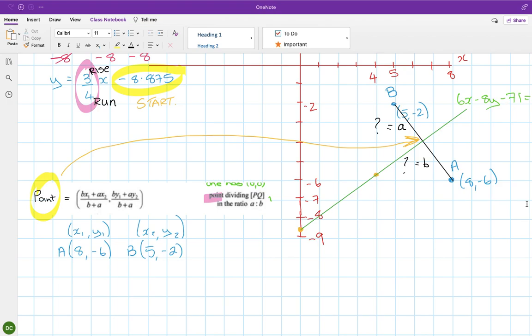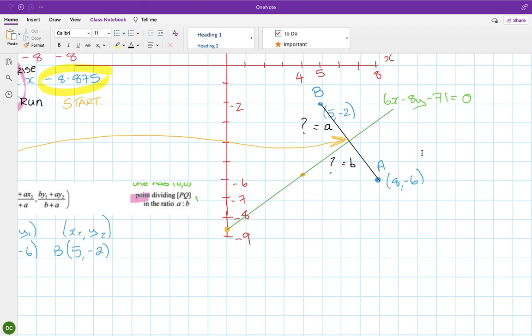So we don't have A, we don't have B, and we don't have that point. Now, I think I actually know how to get that point anyway. That point there that I've just pointed at, hopefully you're happy that that is the point of intersection of the two lines.